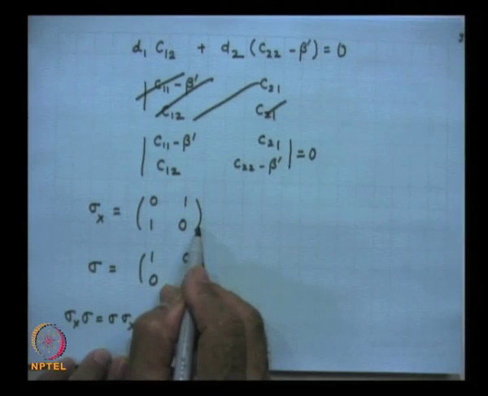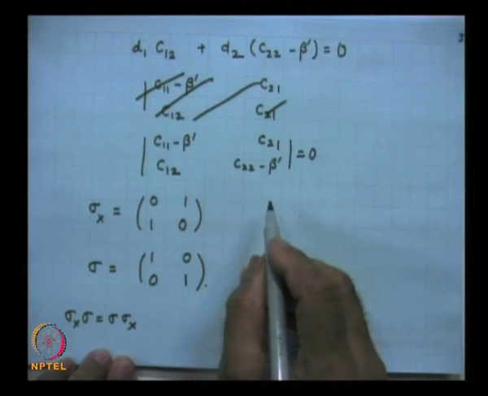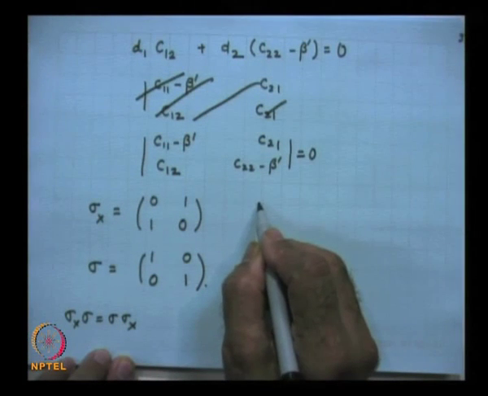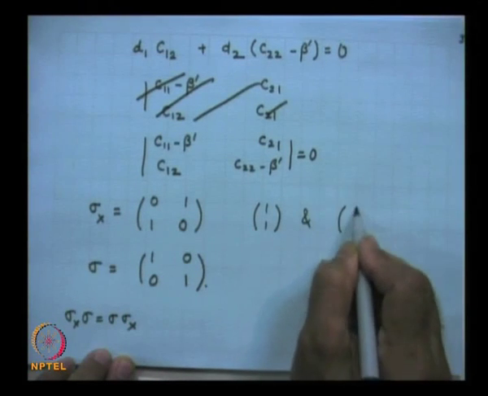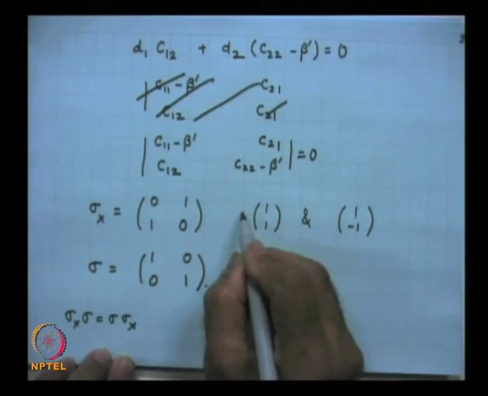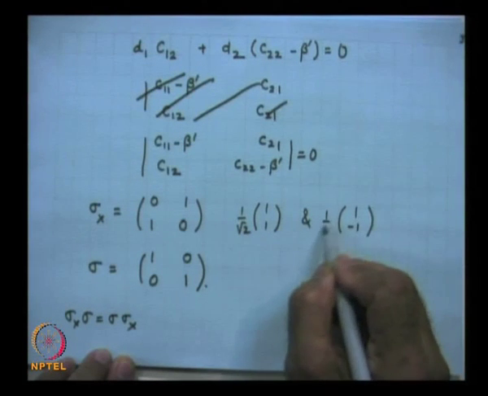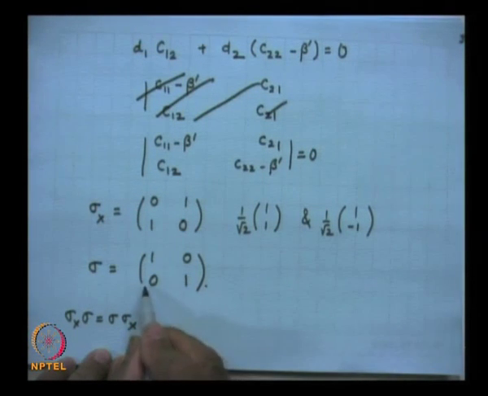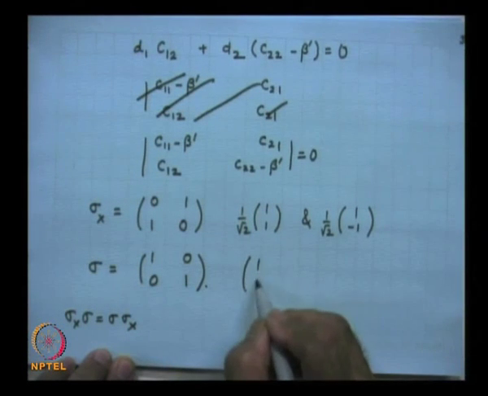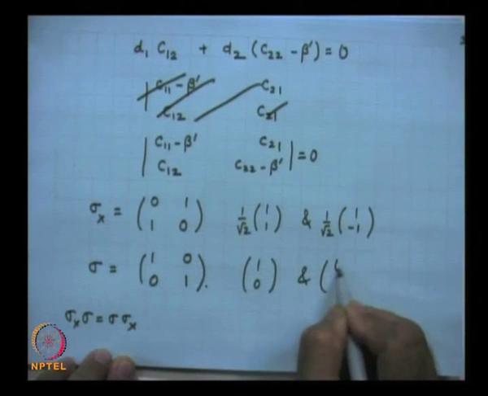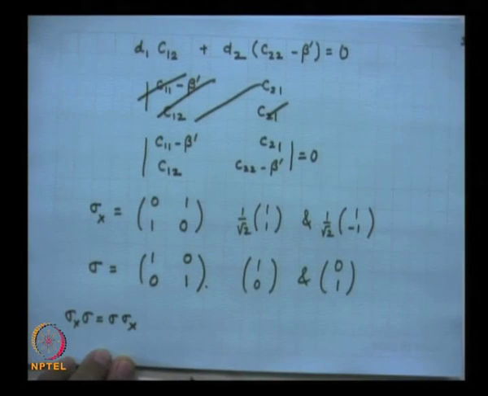You can see that the eigenkets of sigma x, as we had discussed in my last lecture, are 1 1 and 1 minus 1. You can put a root 2 so that they are normalized. On the other hand, the eigenkets of sigma are 1 0 and 0 1, but these are not eigenkets of sigma x.